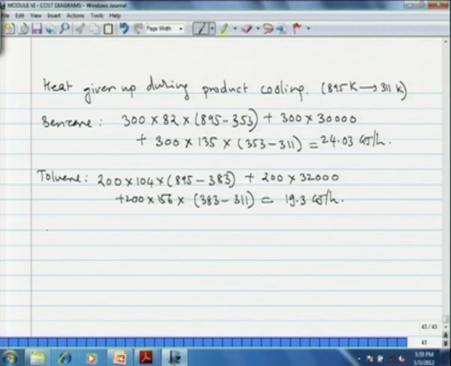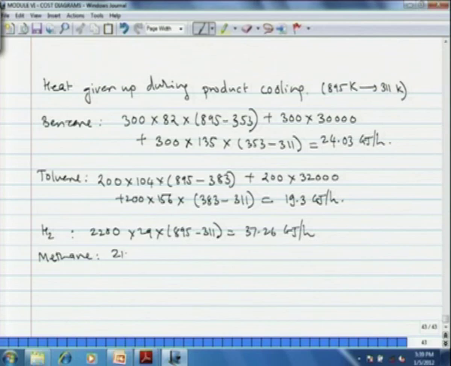And then for hydrogen, 2200 is the exit flow rate into 29 heat capacity into 895 minus 311, this is 37.26 gigajoule per hour. And for methane, it is 2167 into 36 into 895 minus 311, that is 45.56 gigajoule per hour.